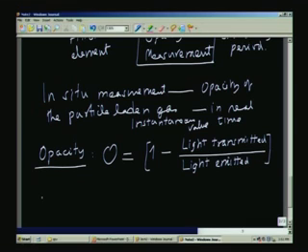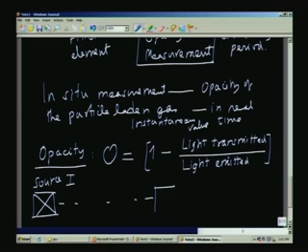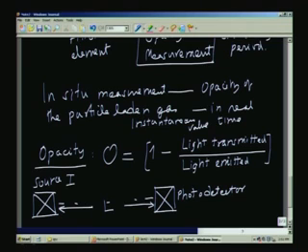That is what I am thinking of: I have a source of light here, so let us assume that the intensity of light is I, and I have the receiver or the detector here, this is the photo detector, and the path length is L between the two stations, and what is reaching here is I t.